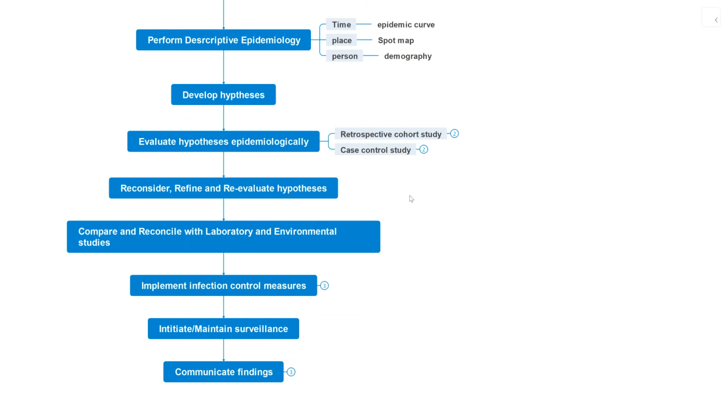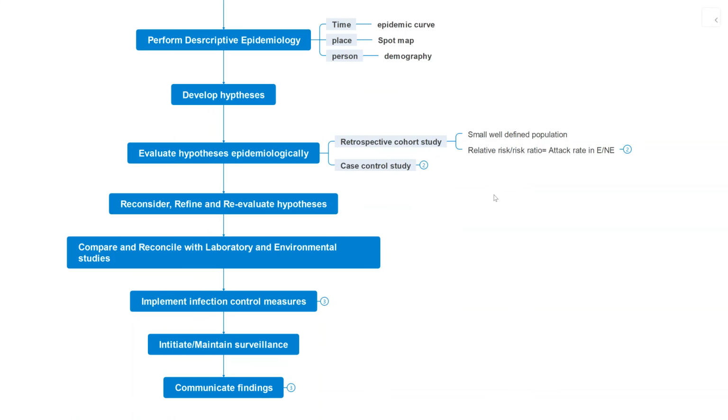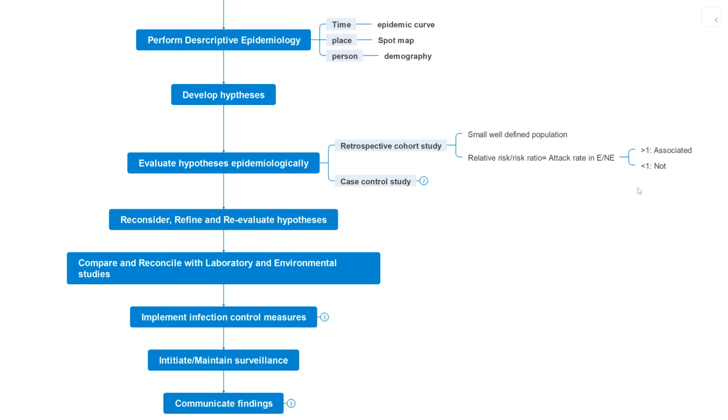There are two studies which we commonly use. One is a case control study and another is a retrospective cohort study, because we have to go back in time. If you have a small well-defined population, then you should use a retrospective cohort study, for which we will use relative risk or risk ratio, that is basically the attack rate in exposed divided by unexposed.